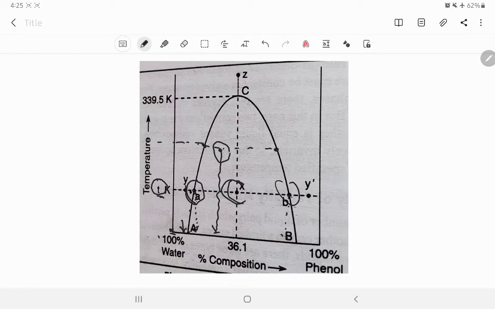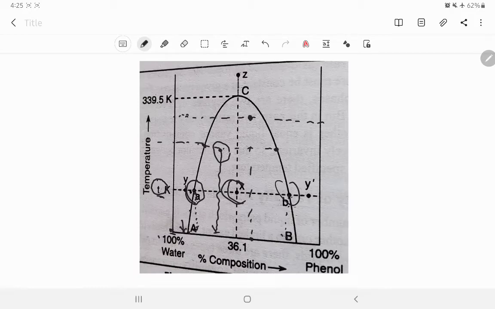If we increase temperature, at this temperature what happens? If we consider this point, this composition of water and phenol, what happens?